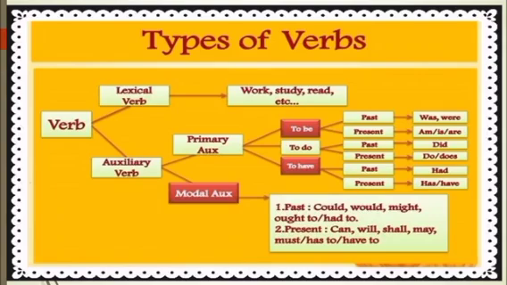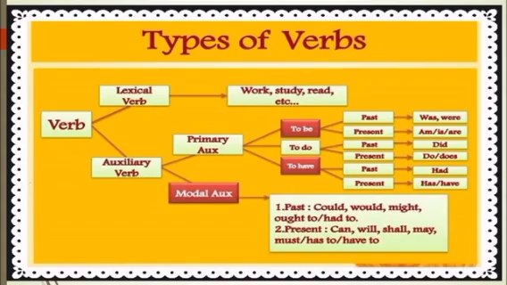Next, we have auxiliary verb. Auxiliary verb is further subdivided into two types, primary auxiliaries and modal auxiliaries. Primary auxiliaries are further subdivided into three: be verbs, do verbs and have verbs.